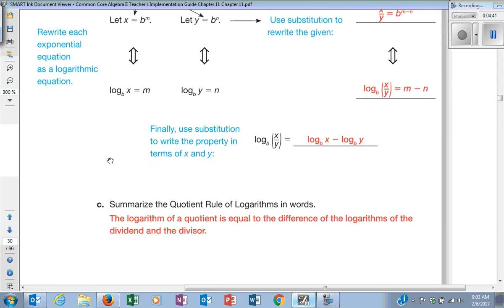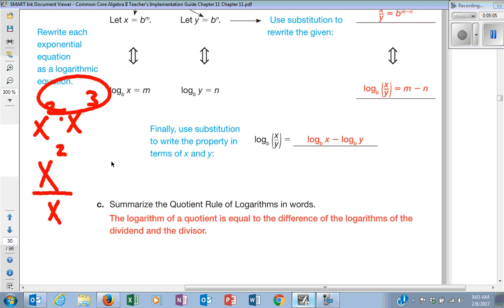This one is called the quotient rule, and it's very similar. Think about it. When I had x to the second times x to the third, I added these two exponents. When I had x to the second divided by x to the third, I subtracted these two. Well, think about this right here.